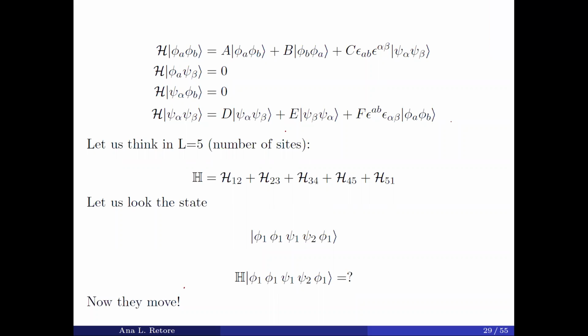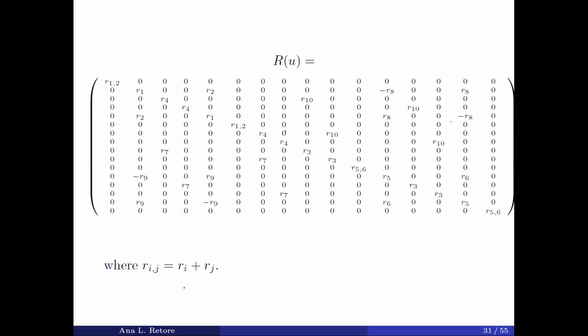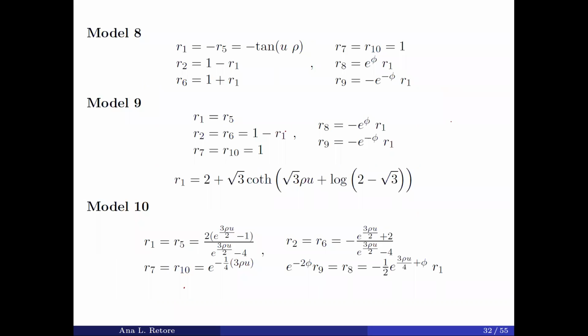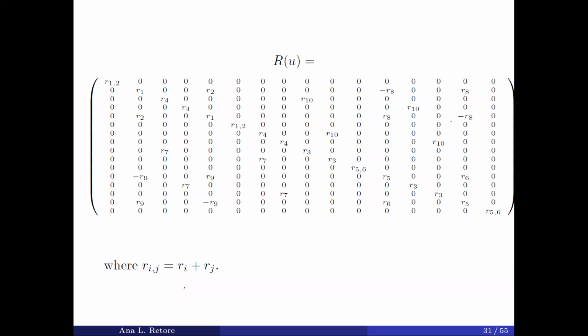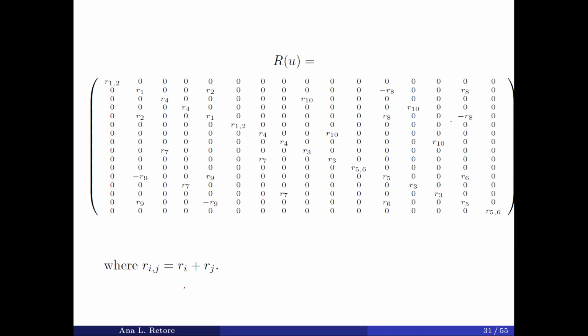Actually, it is not enough. The R matrix has to satisfy some more conditions if you want to apply the algebraic Bethe-Ansatz. You should also have crossing symmetry, for example. Oh, that's true. This has braiding unitarity.